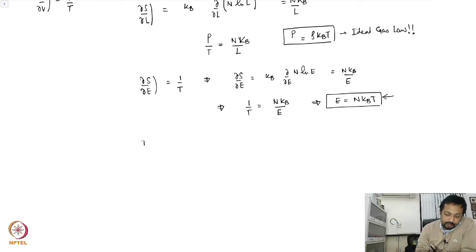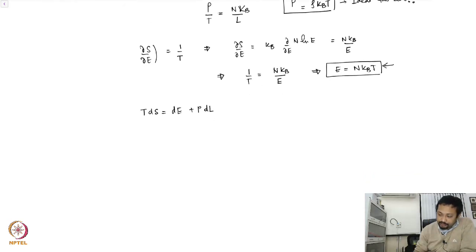So for thermodynamics, I know that T dS is dE plus P dL, for a one-dimensional system, therefore I have this. So the two specific heats: this corresponds to the specific heat at constant volume, which is going to be del E del T at n fixed, which is precisely this relation, and is going to be n k_B.